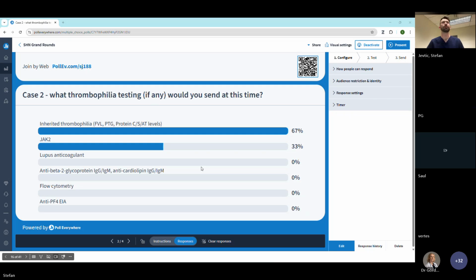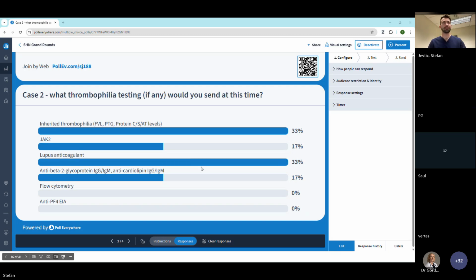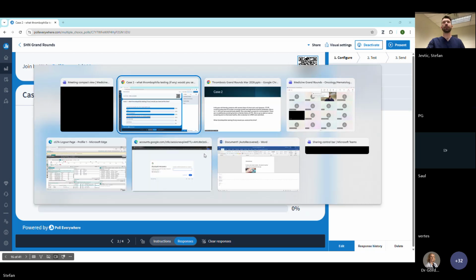I'll give it a few more seconds. Okay, so we have a pretty even split. So the majority would send inherited thrombophilia and a lupus anticoagulant, and then a minority would send a JAK2 as well as your antiphospholipid antibodies. Okay, great.